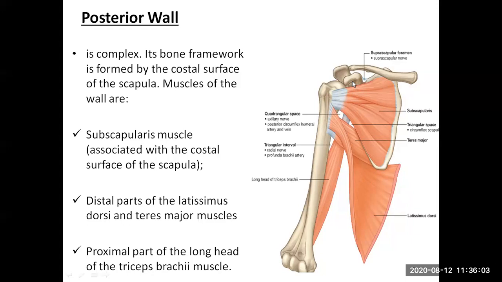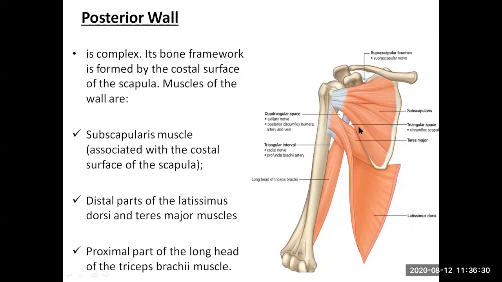So these structures contribute in the formation of the posterior wall of the axilla. I told you this wall is viewed from the anterior aspect. This is of the right side.